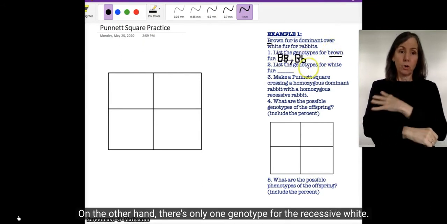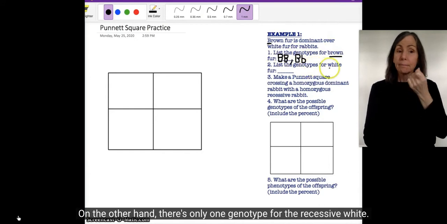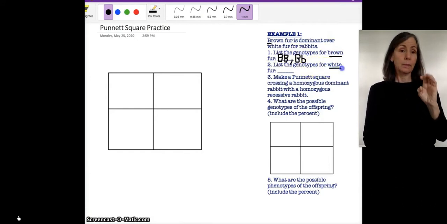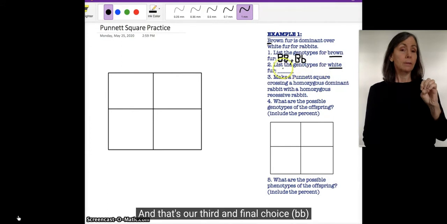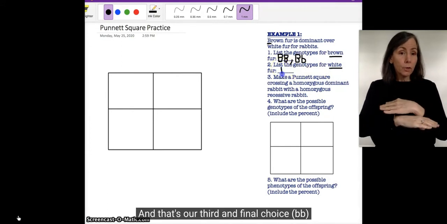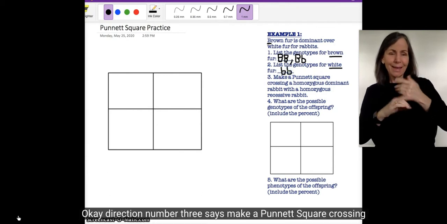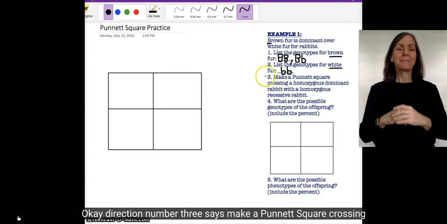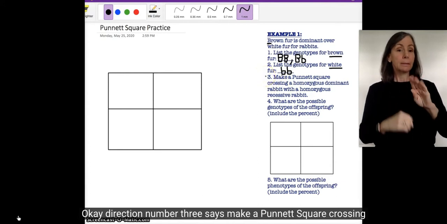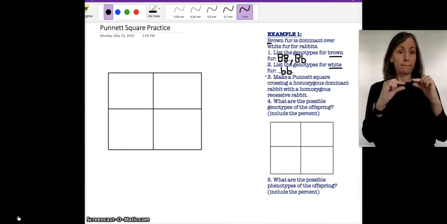On the other hand, there's only one genotype for the recessive white fur, and that's our third and final choice, two little b's. Okay.